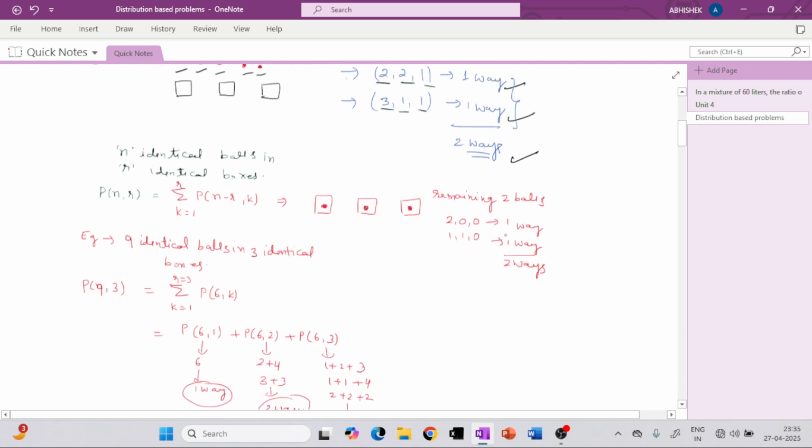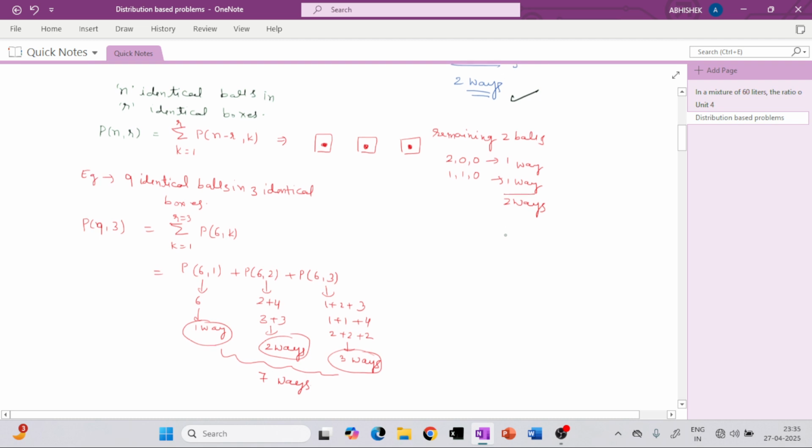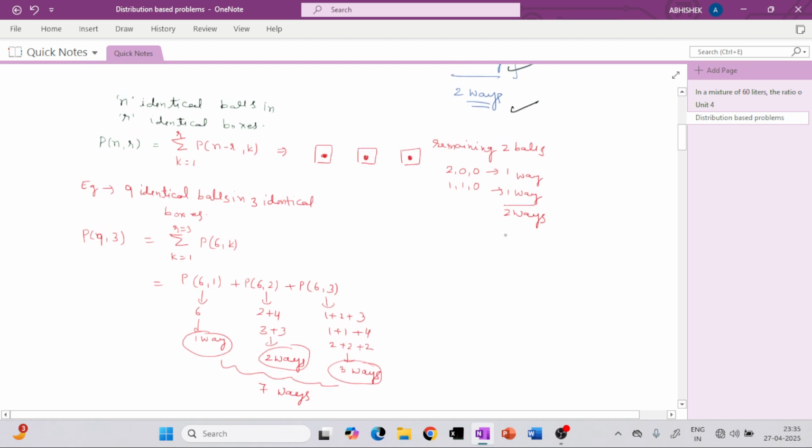Okay, now we can also understand this in one more way, just by using the partition method. Identical balls in identical boxes.